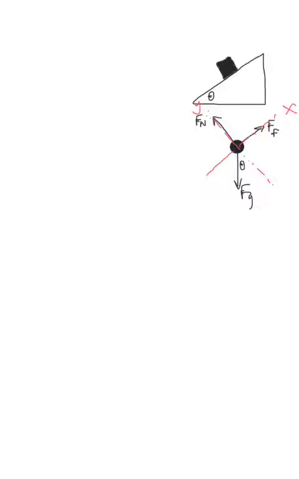So when we break this into components, I'll draw a separate free body diagram, and we'll have the normal force still directed that way, and the frictional force still directed that way, but now the gravitational force, since it's going straight down between these two axes, part of it's going to be on this axis and part of it's going to be on this axis.